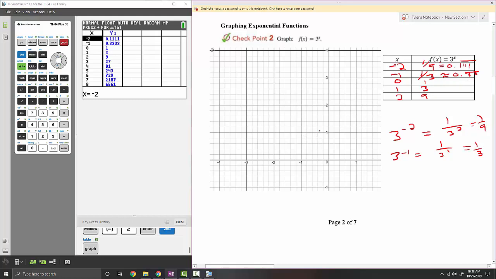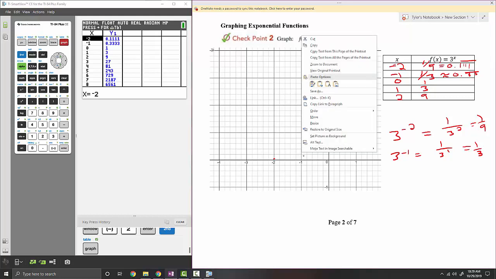right? So if I plot -2 and then it's 0.11 repeating, so it's going to be just barely above the x-axis, right? And then -1 is 1/3. So let's see, 1, 2, 3, 4, 5. So each of these tick marks are 0.2, right? So it would be about halfway in between here.